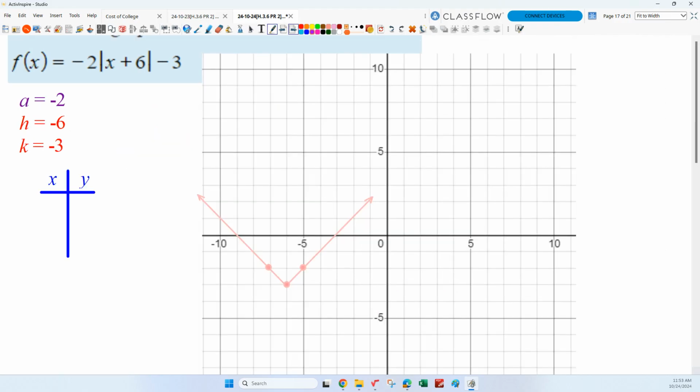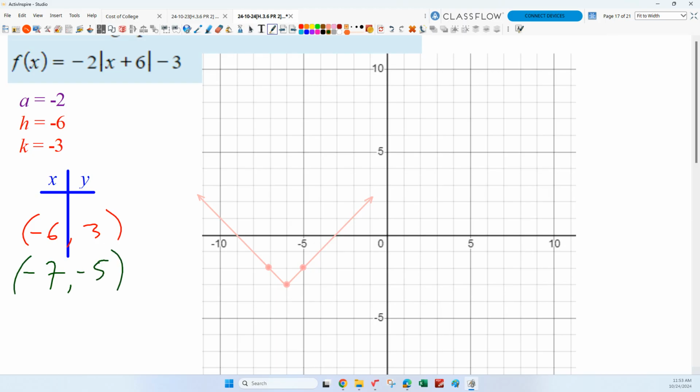And I could just use a t-table also, right? I know we already have the point negative 6, negative 3, so let's pick a point around negative 6, like negative 7. If I plug negative 7 in, negative 7 plus 6 is negative 1, right? Absolute value of negative 1 is 1, times negative 2 is negative 2, minus 3.